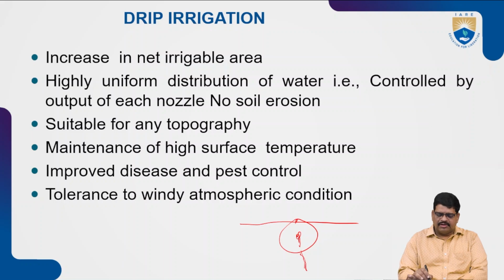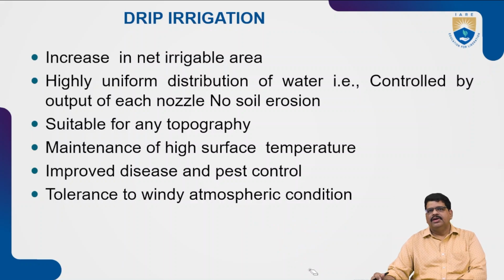So the over-application of water drops cannot be expected. Less water, 10 liters or 5 liters, is enough for each of the plants. But if the water is directly applied, the wastage will also be more.